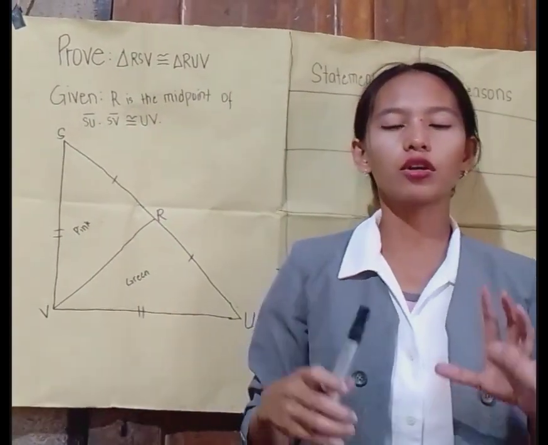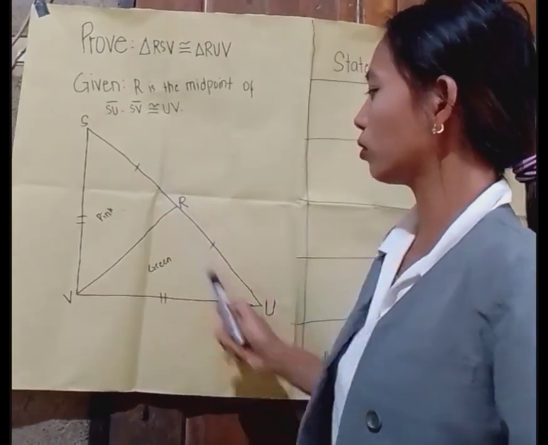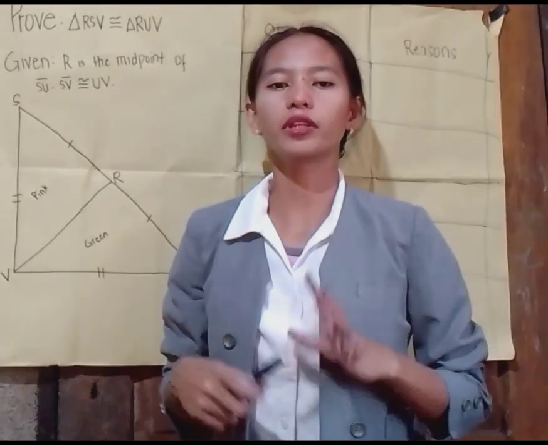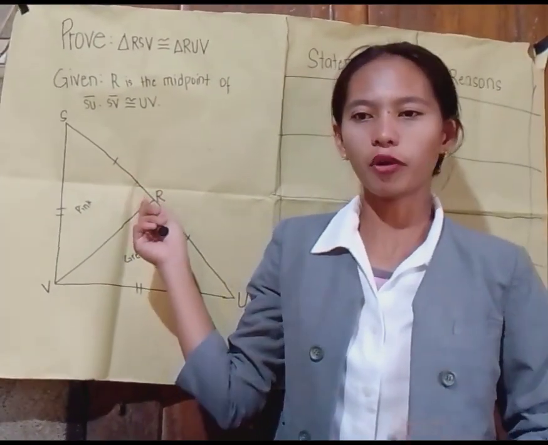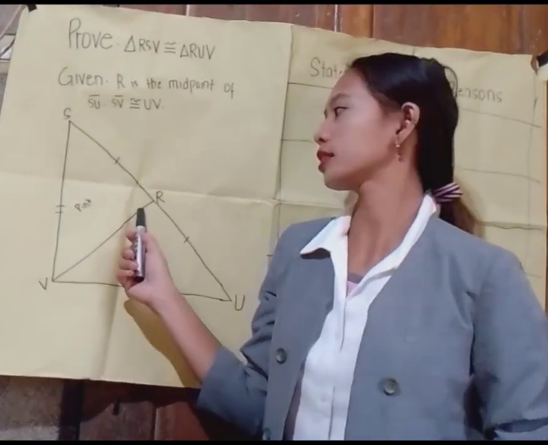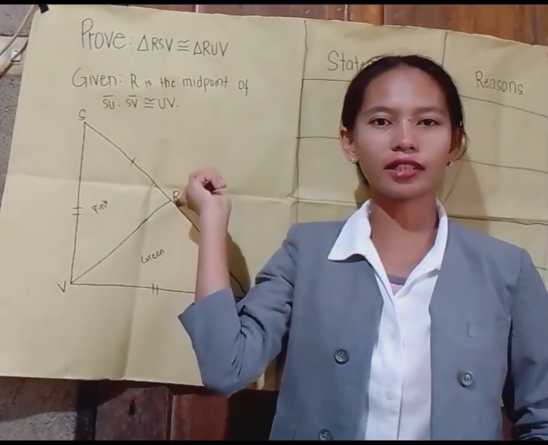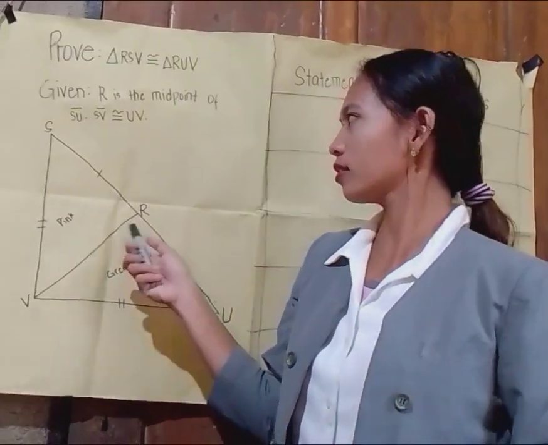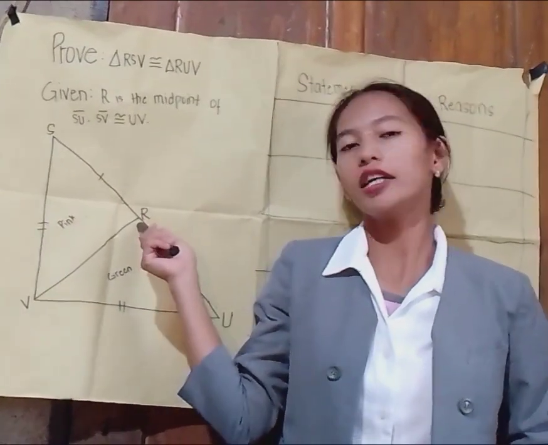If we visualize the segment SU with point R as the midpoint, we all know that the midpoint cuts the segment SU at the middle. The segment SU is cut by the letter R in half.